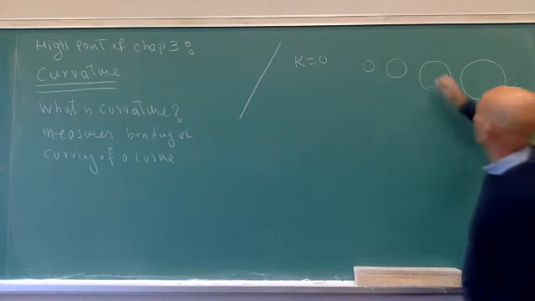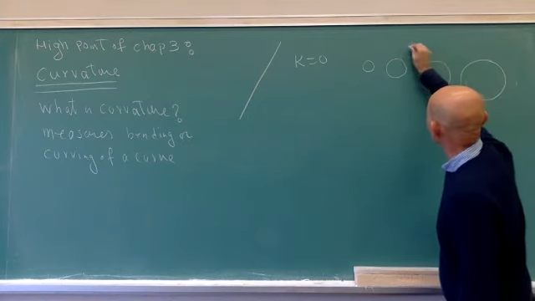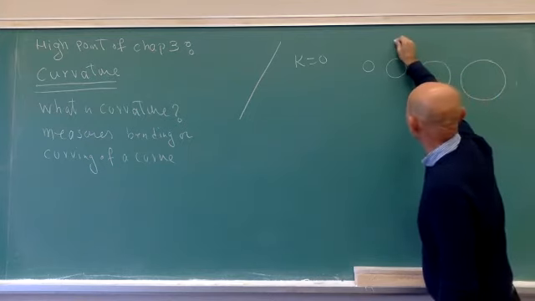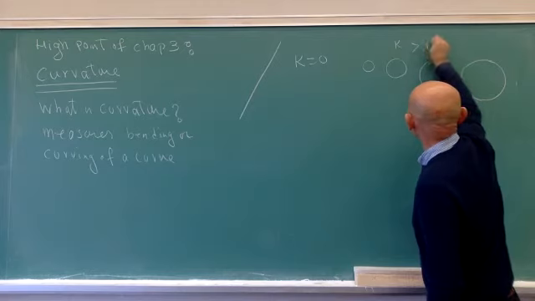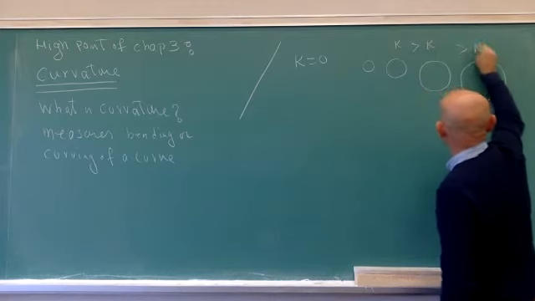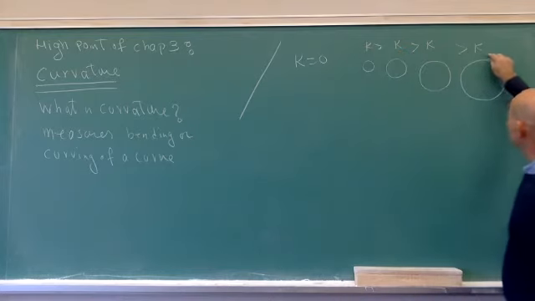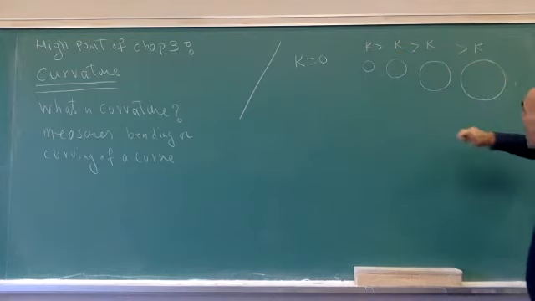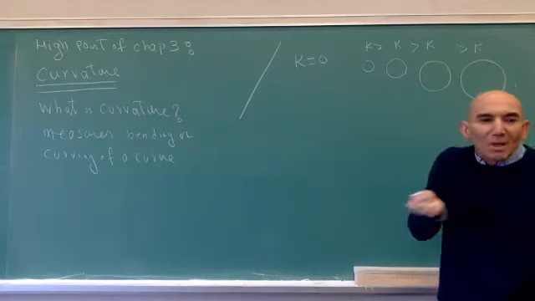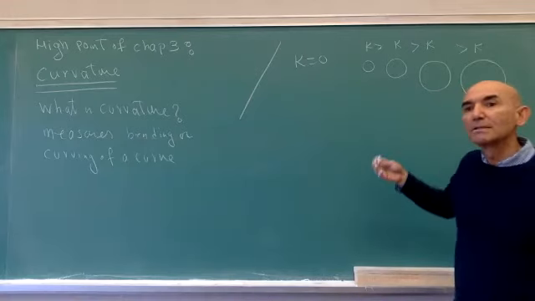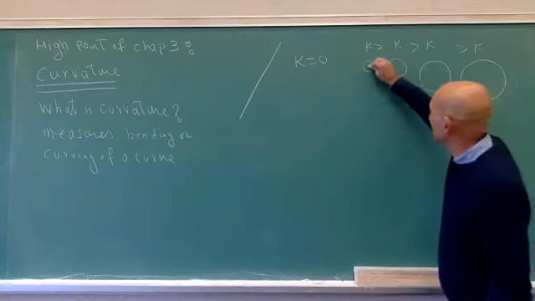So K here is bigger than K here, bigger than K here. As you move on, I want the curvature to go down. And you can see that there should be some dependence on the radius.